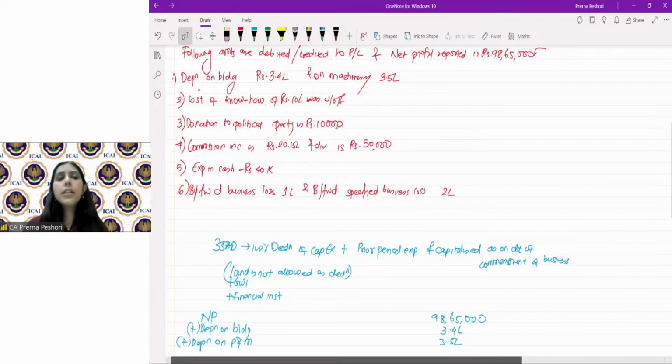Donation to political party, sorry, it's 10,000 and not 1 lakh.